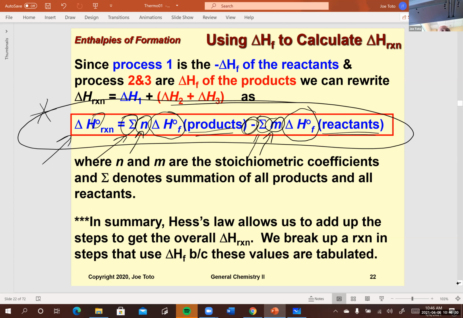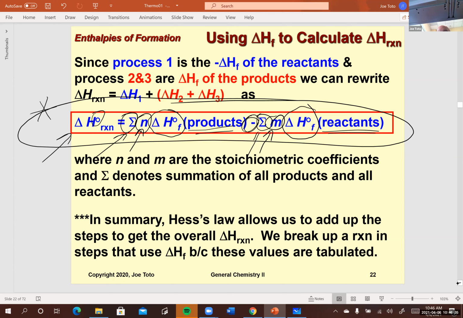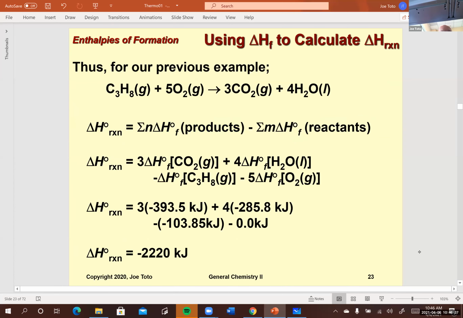Okay, so once you understand that equation, it's really easy to apply. And in the next slide, I have an example of its application. So here's the example of propane reacting with oxygen to form CO2 and water.